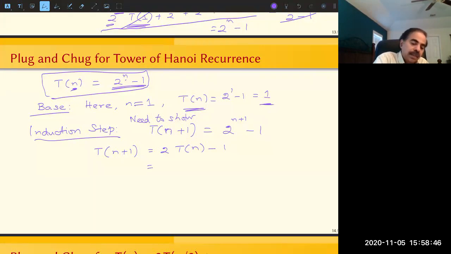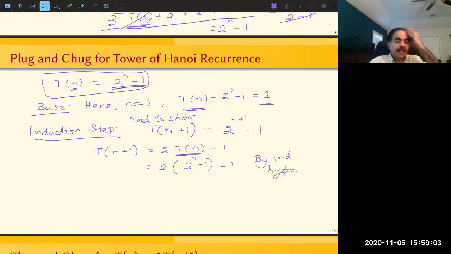Okay, so this equals 2 times, by induction hypothesis, T of n is 2 to the power n minus 1. And then you simplify, 2 times 2 to the power n is 2 to the power n plus 1.